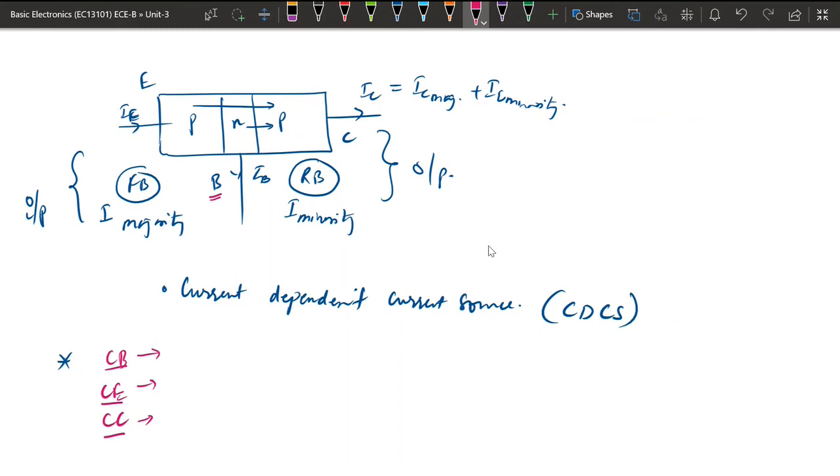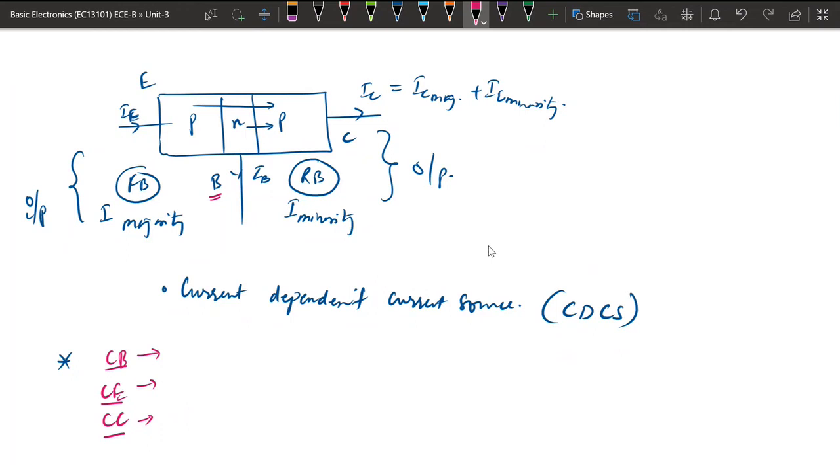So we will next see in the common base case how the transistor is going to behave in active mode, and similarly in common emitter and common collector. Okay, so three different configurations of BJT are there based on the biasing of different terminals, and also which terminal is common to the input and output side.